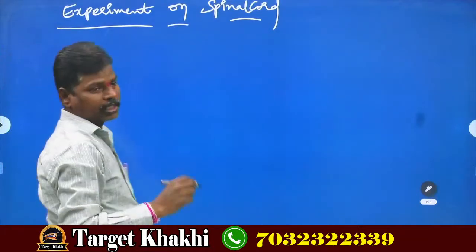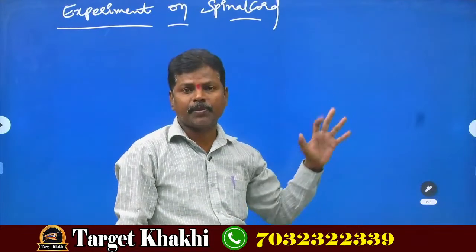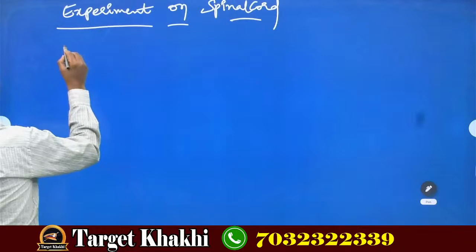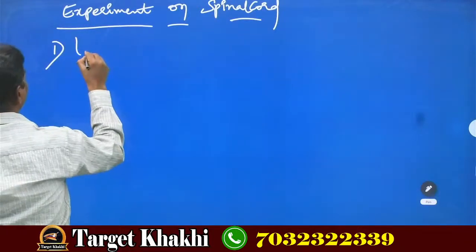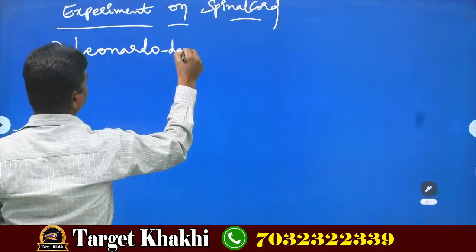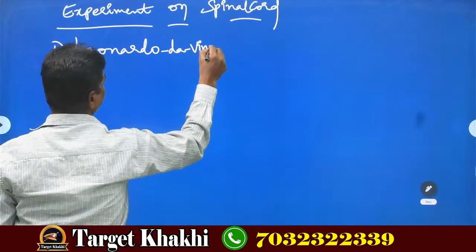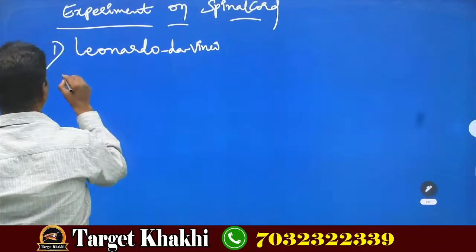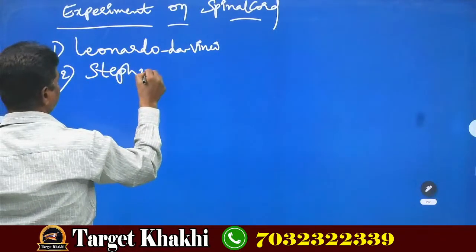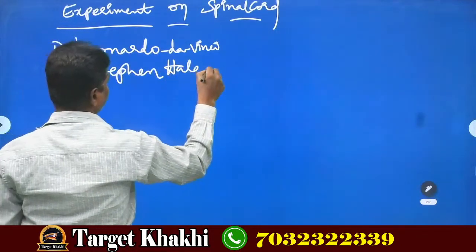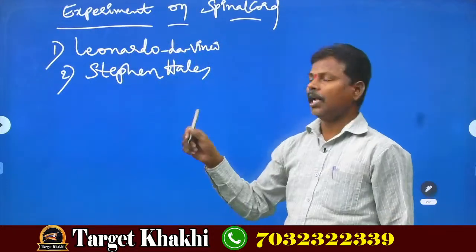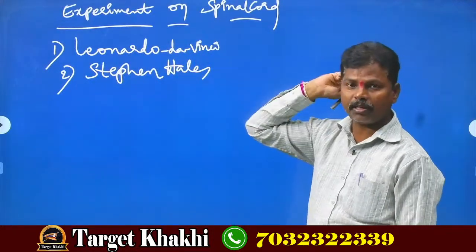Two scientists experimented on spinal cord. Who conducted it for the first time? Leonardo da Vinci and Stephen Hales conducted experiments on spinal cord.